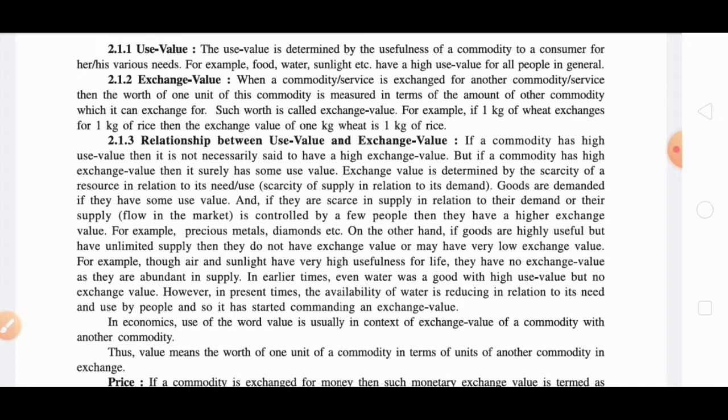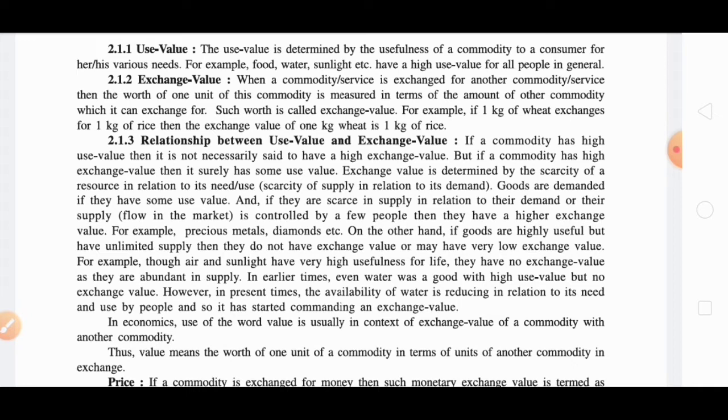So the first relationship is that if a commodity has high use value, then it is not necessarily said to have a high exchange value. But if a commodity has high exchange value, then it surely has some use value. It means there will be the high exchange value of gold, silver and other valuable metals.